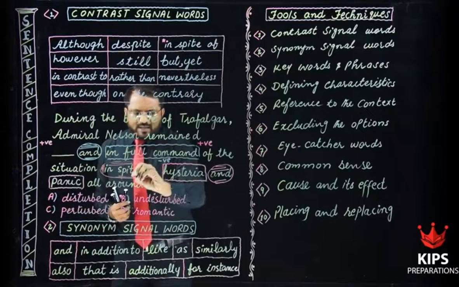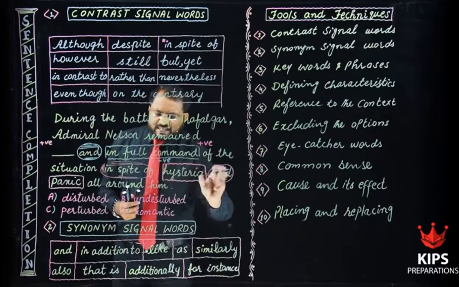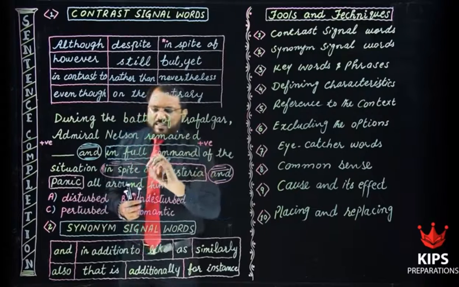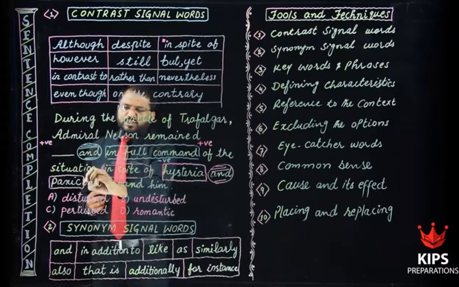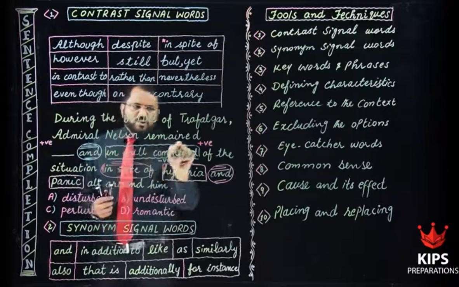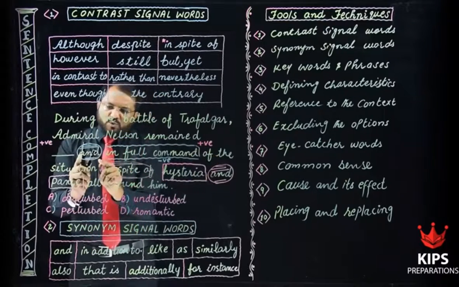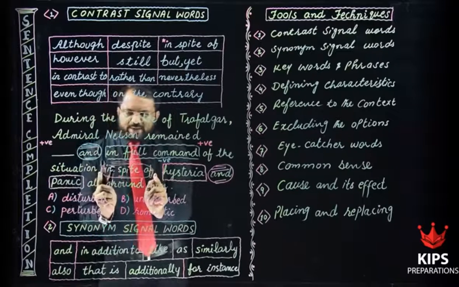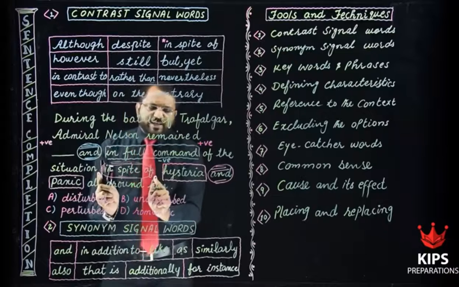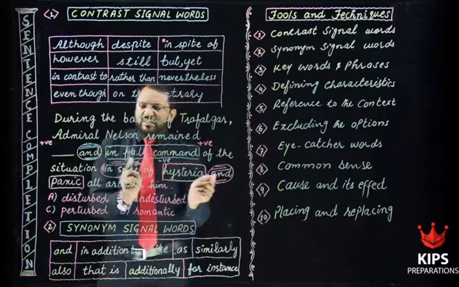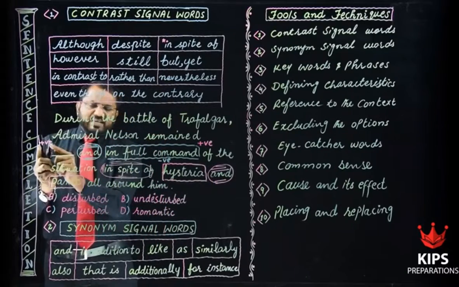If there is a negative word after "in spite of", for example hysteria and panic are negative words, then before "in spite of" you should have a positive word in the blank. So our hypothesis was that a positive word should come here, because the phrase after "and" was positive. So according to the synonym signal word we needed a positive word over here. And according to the contrast signal word "in spite of", if the words after it are negative, hysteria and panic are negative, so the word or phrase before "in spite of" should be positive, and here we go.